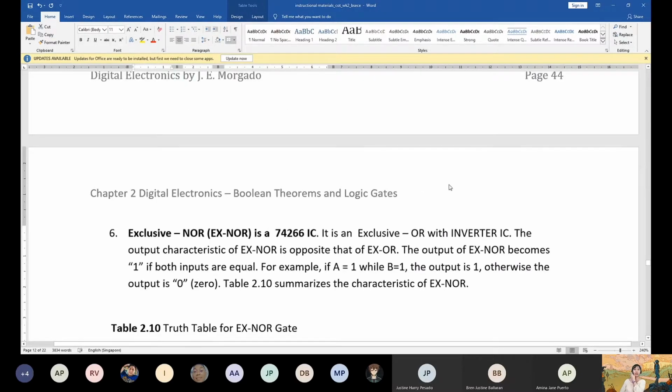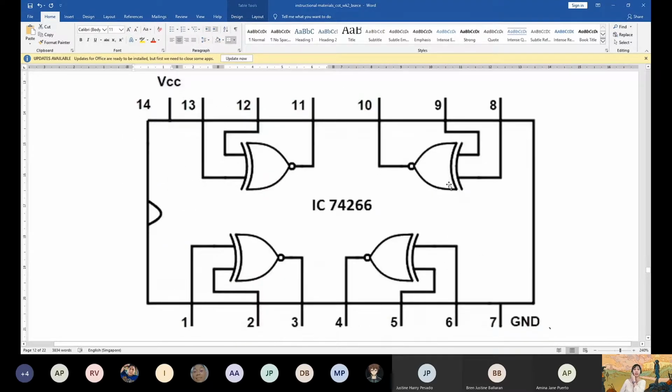Okay, but then let's check the 74266. So it seems that only the NOR gate has different IC diagrams.